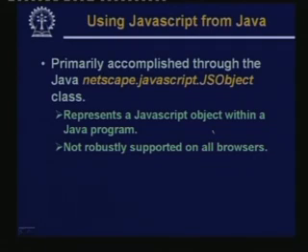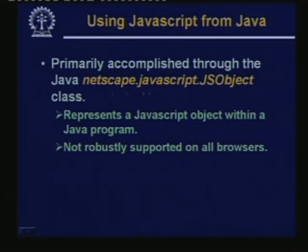Now, if we look at the reverse, calling JavaScript code from Java programs, this is not so straightforward as the other case we had just seen. This is usually accomplished through some non-standard class. netscape.javascript.JSObject is one such class which is slightly non-standard and not portable across different platforms.